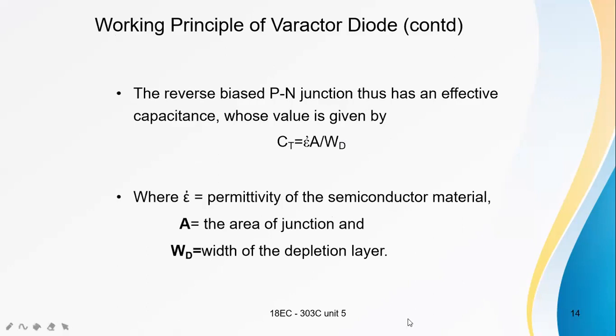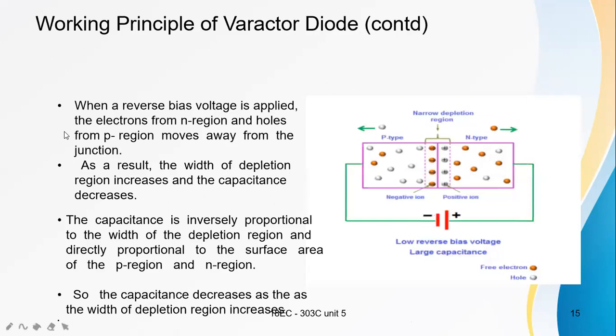This is the capacitance of the device, depending on three parameters: permittivity of the semiconductor material, area of the junction, and the width of the depletion layer. Area is directly proportional to the capacitance, and the width of the depletion region is inversely proportional to the capacitance. That means if the width of the depletion layer is increasing, the capacitance is decreasing.